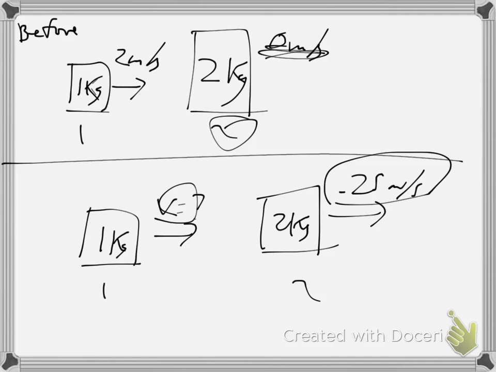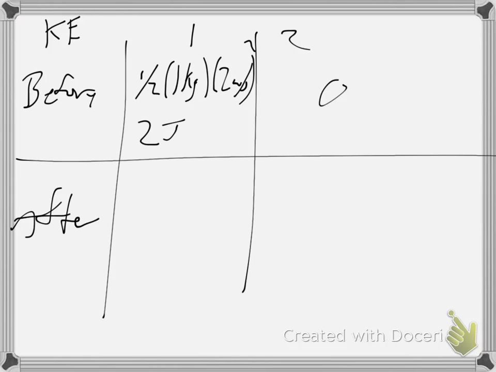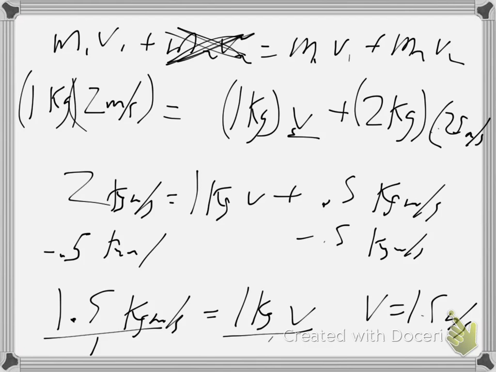So, initially, object 1, 1 kilogram, 2 meters per second. To calculate kinetic energy, which is 1/2 mv squared, you can say 1/2 times 1 kilogram times 2 meters per second squared. 2 squared is 4, half of 4 is 2 joules. Object 2 is not moving. 0 joules.